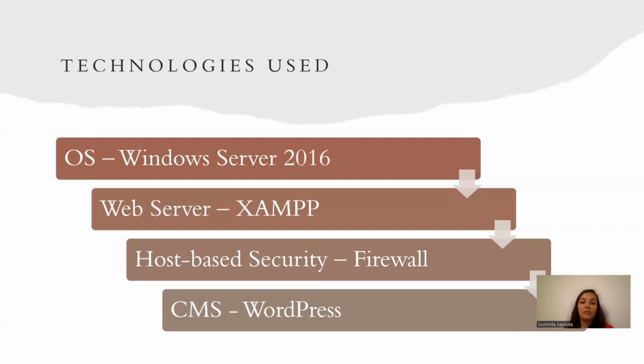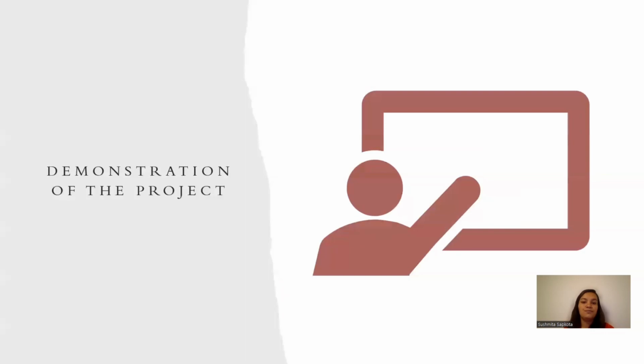So my teammate Dana and I have carefully gone through the requirements of the project and selected each of these technologies to fit into our project. So after this, we are moving forward to the demonstration of the project.